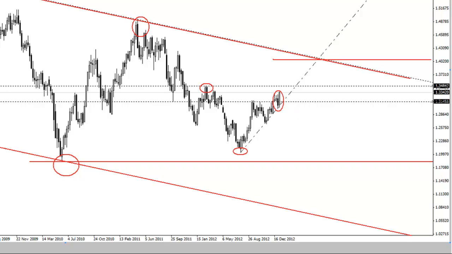We do see a lot of space in here. So if it is to break higher here, there's no real immediate areas. Remember, this is a weekly, no immediate areas that may resist price moving up to that 1.4 level.